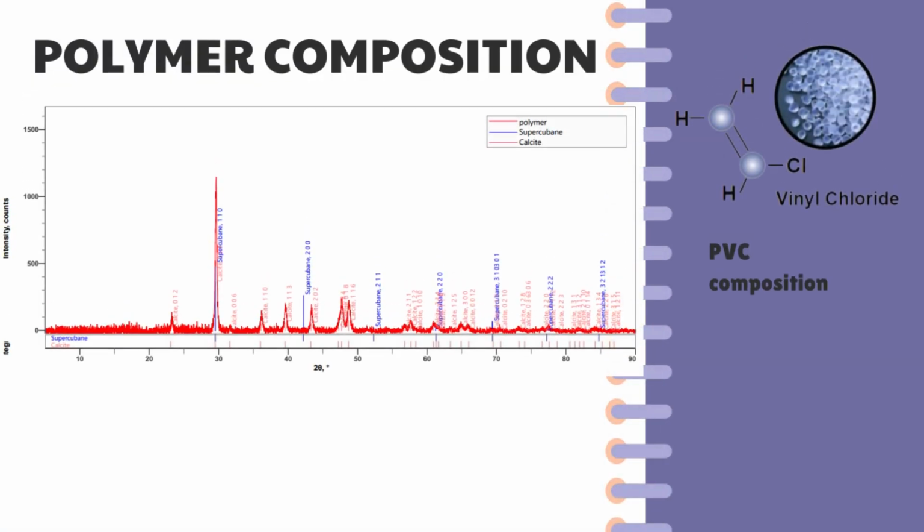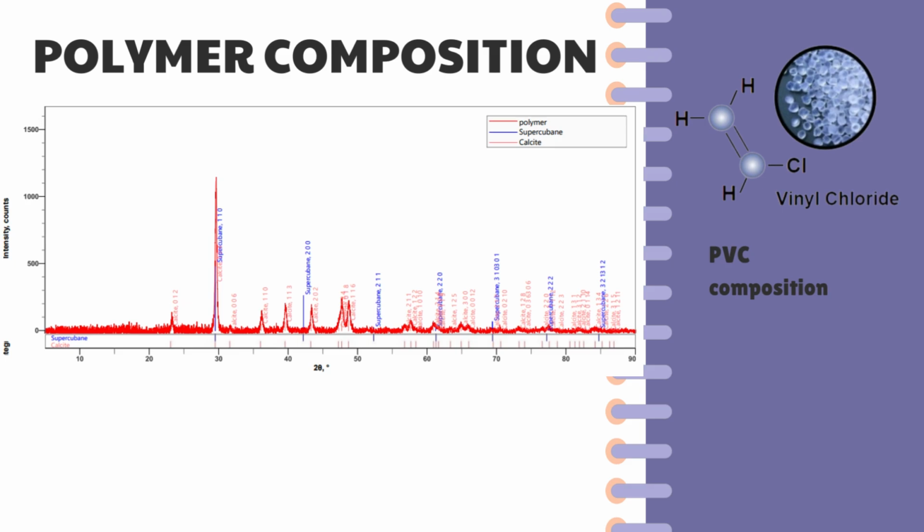Next, for the polymer composition, there should be a vinyl chloride element in the PVC sample. However, our PVC sample does not have this vinyl chloride element, which might be due to a reconstruction change. Based on the few papers that we read, there is a reconstruction of the PVC from amorphous to crystalline.